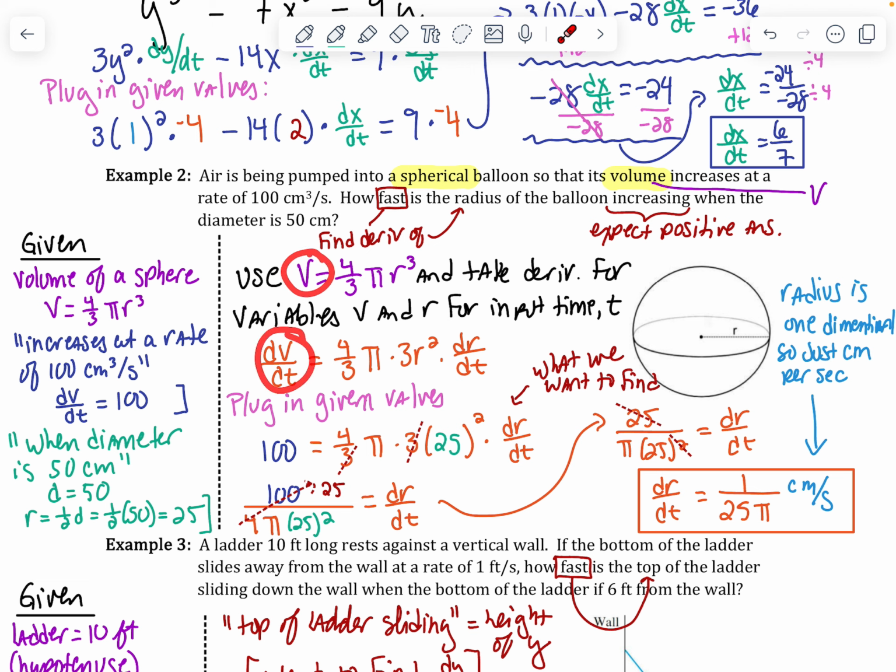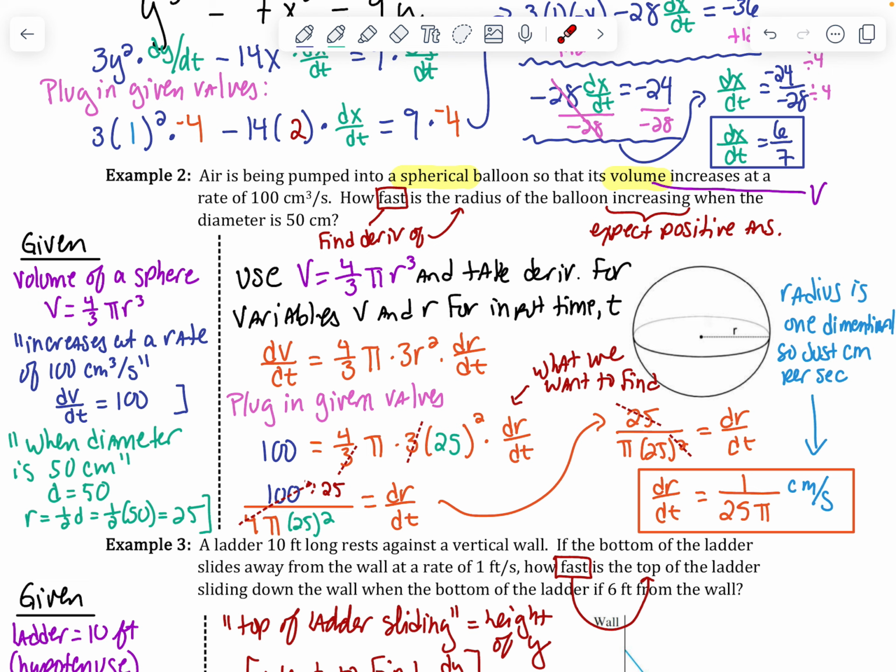So the derivative of V is dV/dt. 4/3 pi is a coefficient, so it stays there. The derivative of r cubed is 3r squared, but I took the derivative of r, so I needed a dr/dt. Here the derivative of V was 1, if you needed to think of it that way.